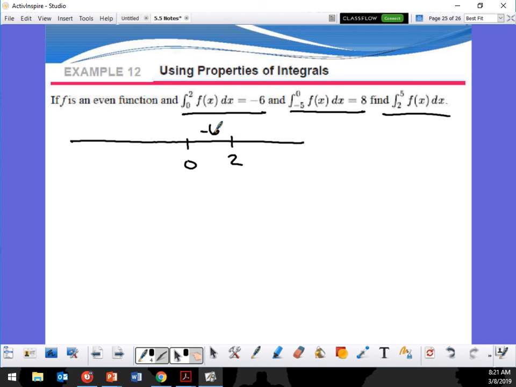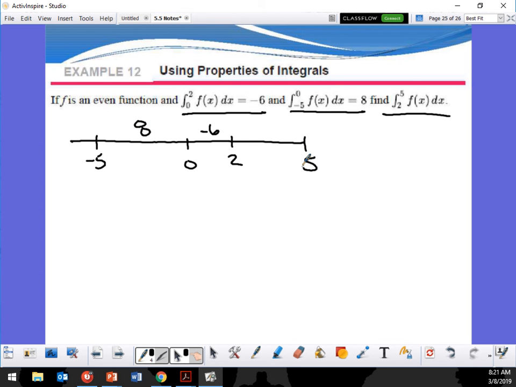Okay. And from -5 to 0 is 8. Can we find from 2 to 5? I'm looking for this one right here.